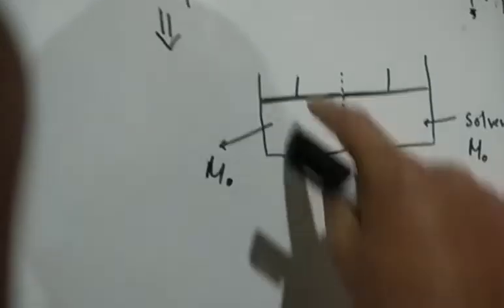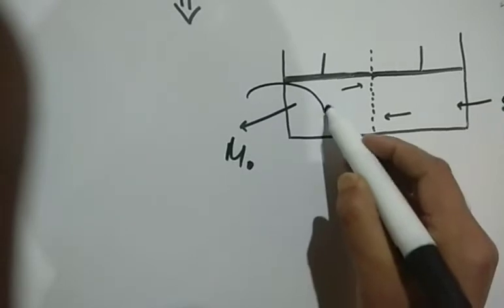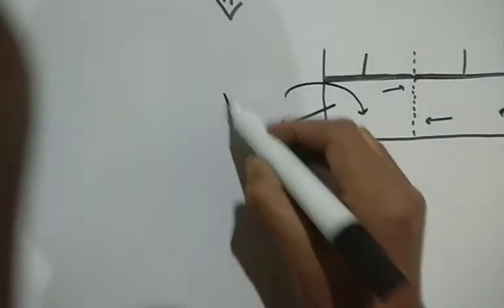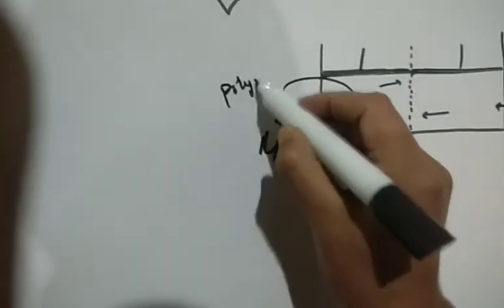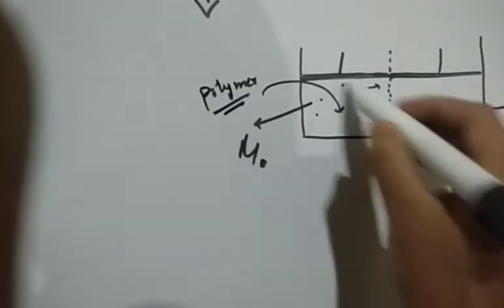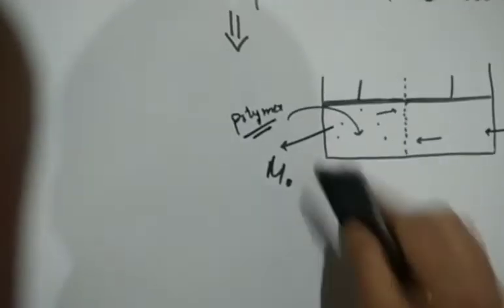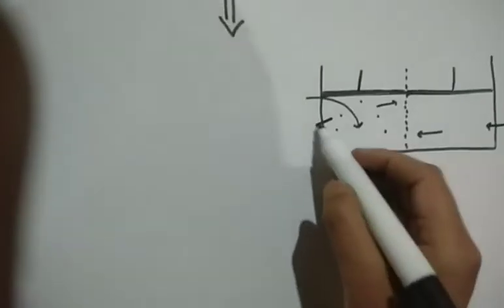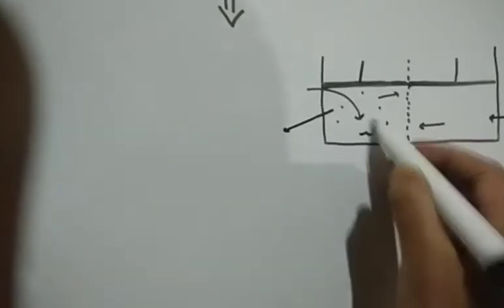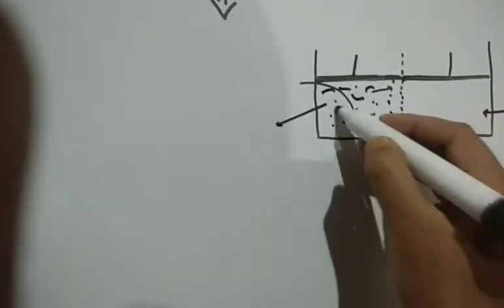Now, on this left side, we add the polymer into this solvent. So we are basically adding our polymer, whose molecular weight we have to determine. So now on this side, we have a polymer solution: your solvent plus polymer.